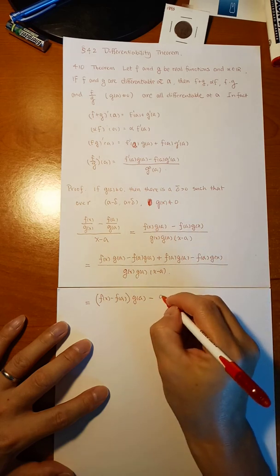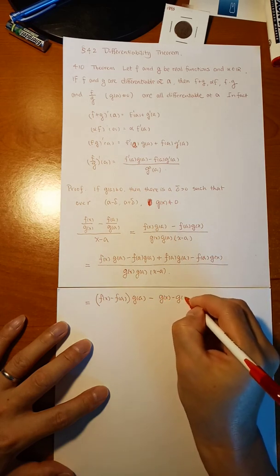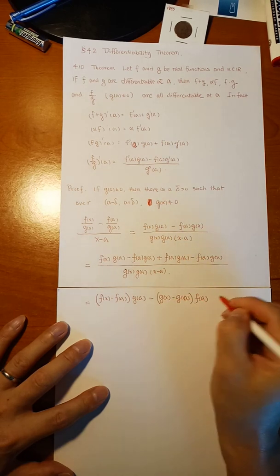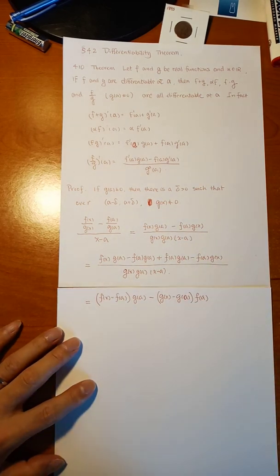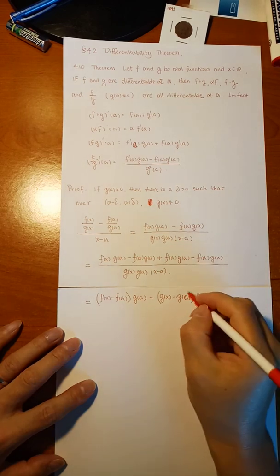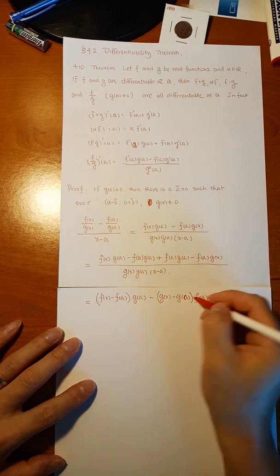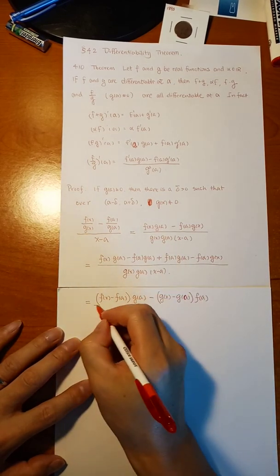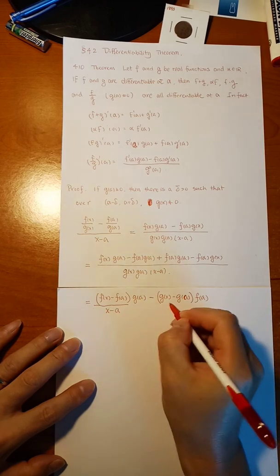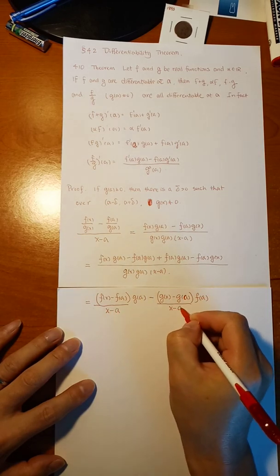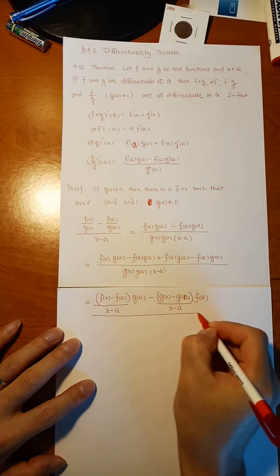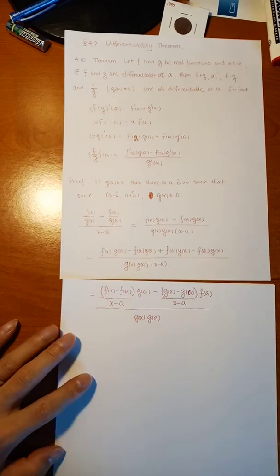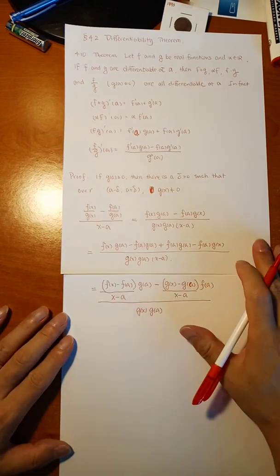So we have g of x minus g of a, times f of a. We always use g of x minus g of a. Okay, and we divide it by x minus a, and the whole thing over g of x, g of a. Okay, so that's everything we have so far.